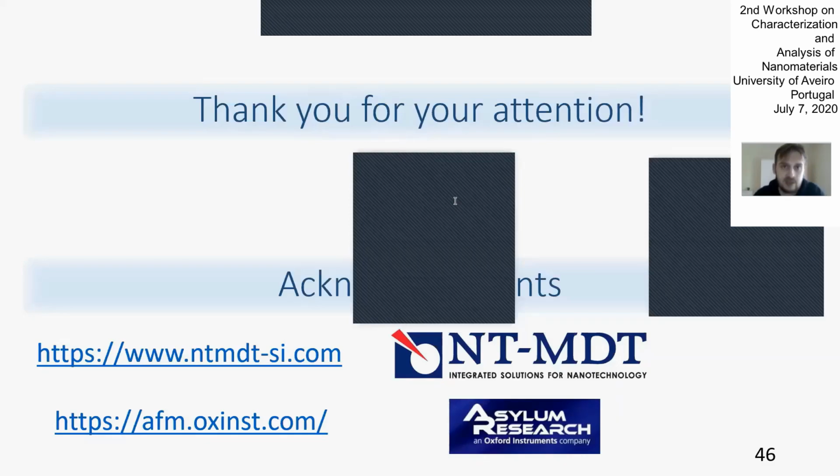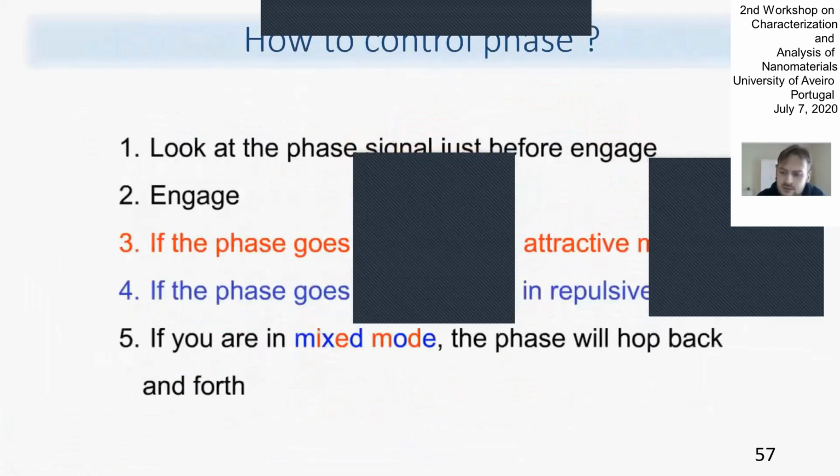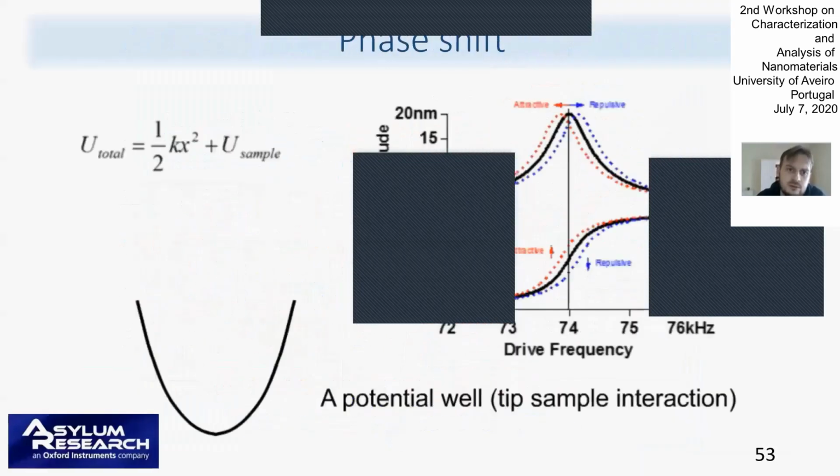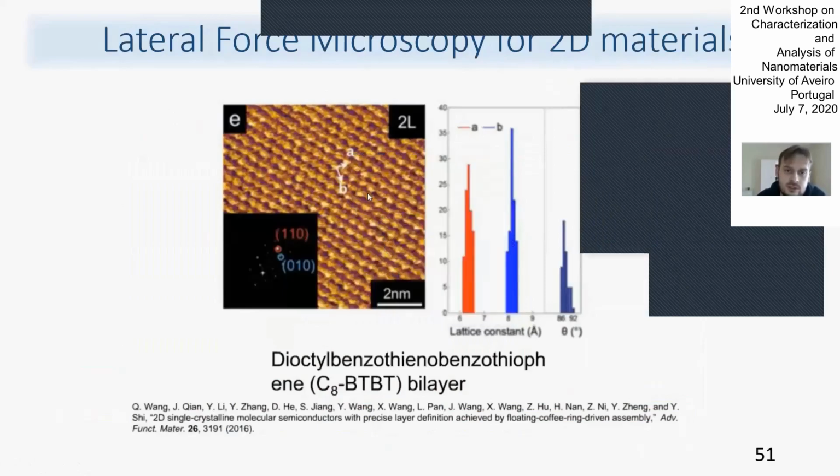Actually, I have a slide here with lateral resolution. This is a very special situation. It is like 2D materials, like STM. It's a kind of different equipment, so it's not like the AFM you can operate in your room. This is atoms in the molecule, maybe.